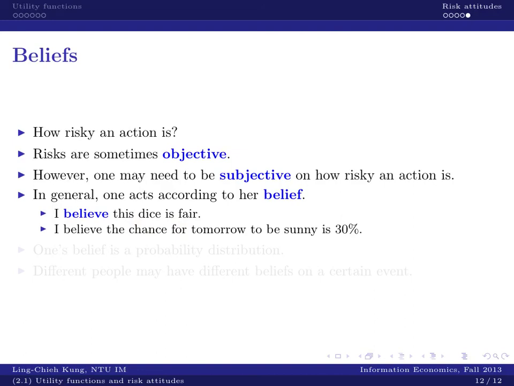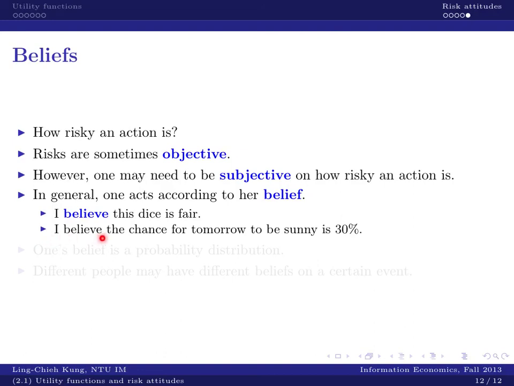Also, when I want to make a decision on whether I want to bring an umbrella tomorrow, that depends on my belief about the chances of a sunny day or rainy day. And then naturally you will realize one thing. When people have different beliefs on the same thing, for example, the weather tomorrow, that's just one thing, but different people may have different beliefs on it.